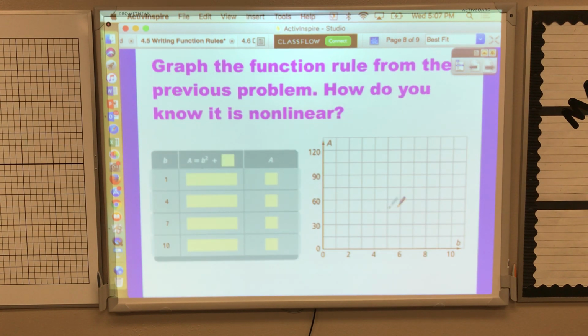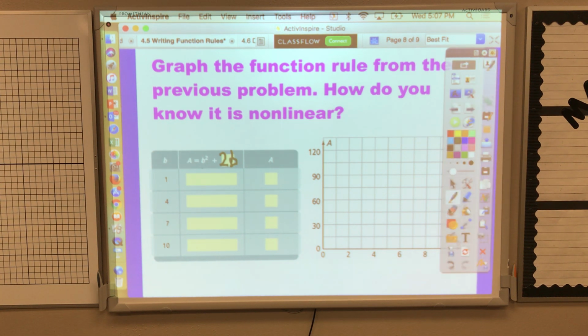Okay. Now for that problem, let's graph it. When you graph something, remember you need to make a table. For this problem, they gave us numbers to use for my table. So remember our equation was area equals B squared plus 2B. The first one, they want me to plug in a 1.